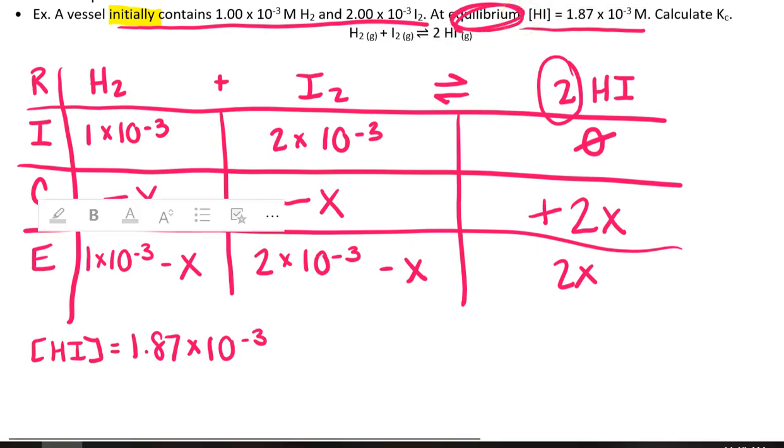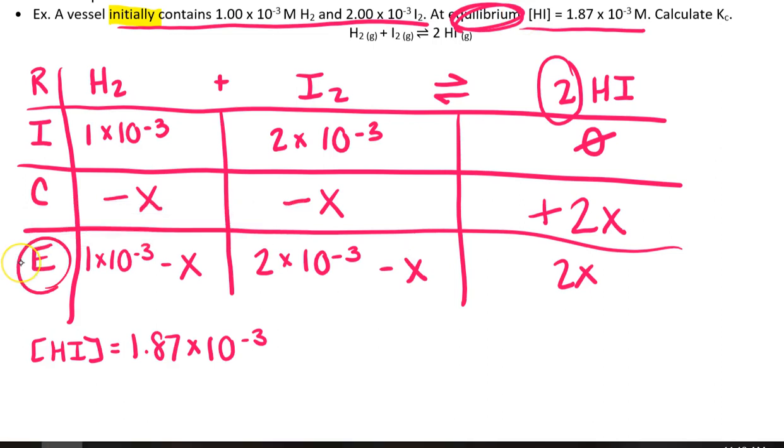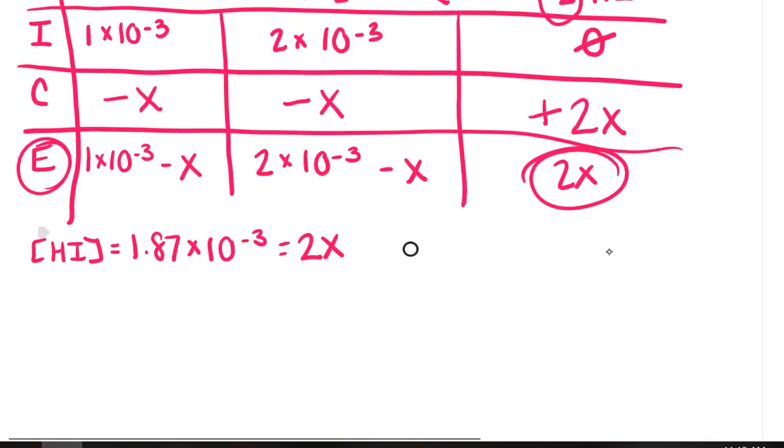Well, I also know that at equilibrium, HI is going to be equal to 2x. So I can set my equilibrium concentration equal to 2x, and now I can solve for x. X is going to be equal to 9.35 times 10 to the negative fourth.